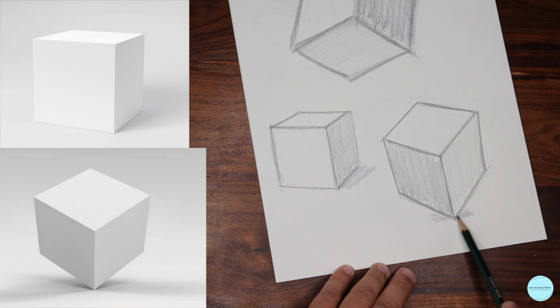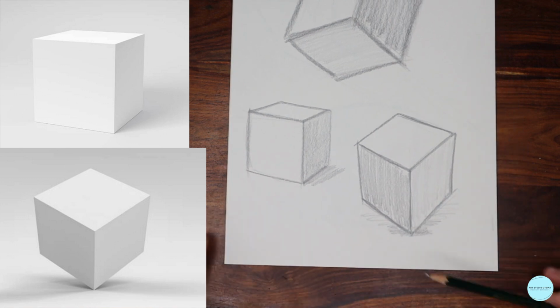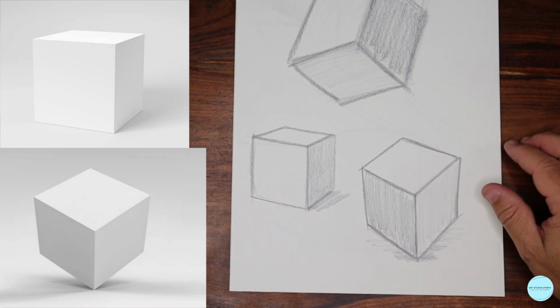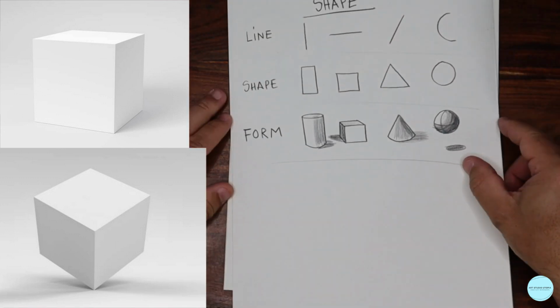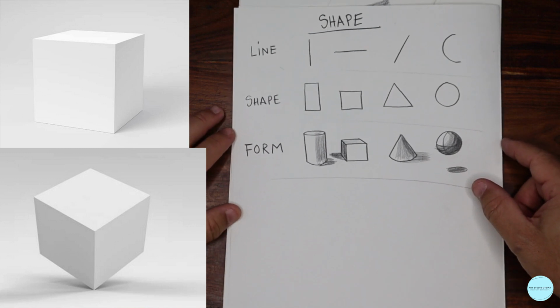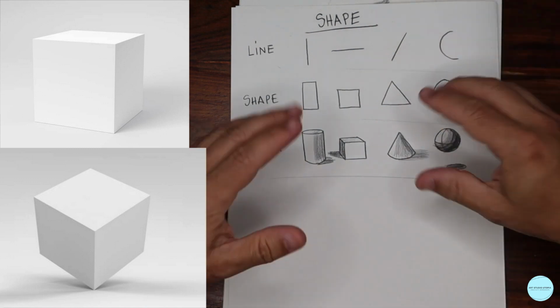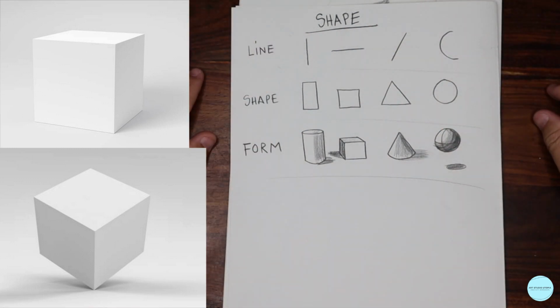So this one's interesting. And there we have it. Lines, shapes, forms, and now you have a whole universe of it to play with. I hope you guys enjoyed it.